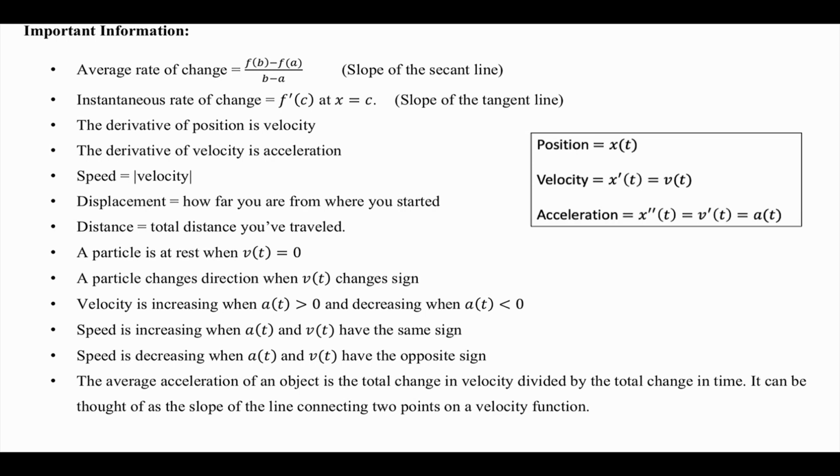Speed is the absolute value of velocity. In other words, speed is always positive. If you look down at your speedometer, it never says negative 20 miles an hour, or negative 10 miles an hour. It's always positive. So velocity and speed are the same thing if velocity is positive. If velocity is negative, then you have to change it to positive to make speed.